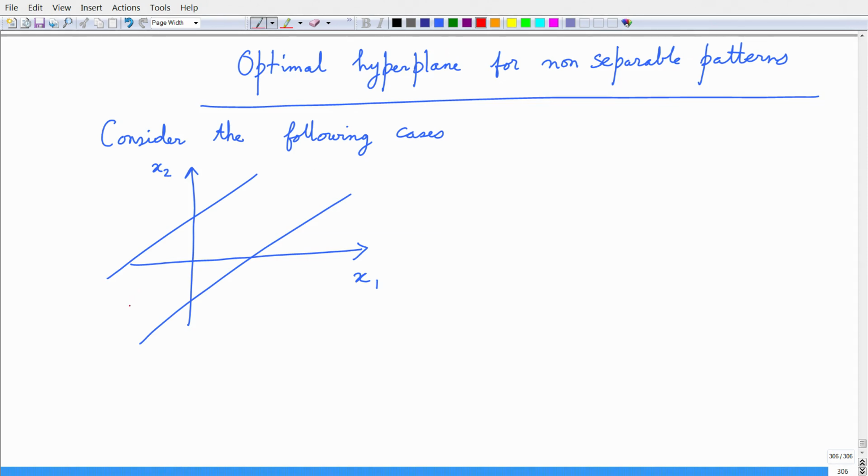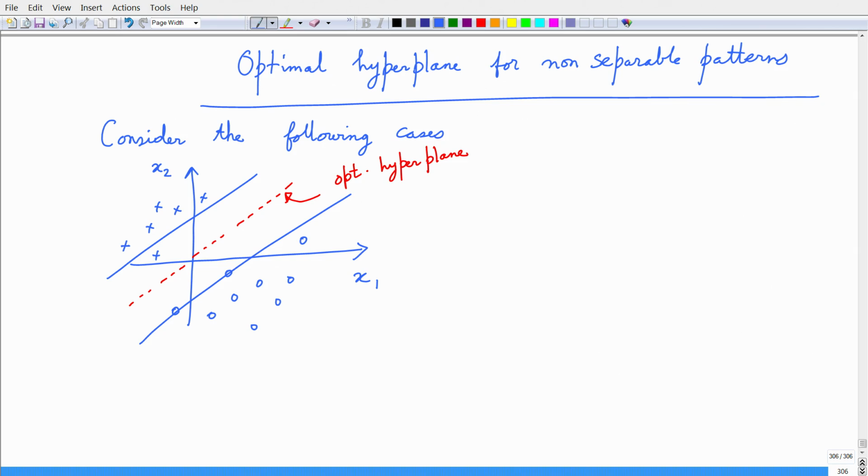So, this is my optimum hyperplane indicated by these red dots, and I have points belonging to class 1 and 2, the stars here or the crosses here, and these circles like this.